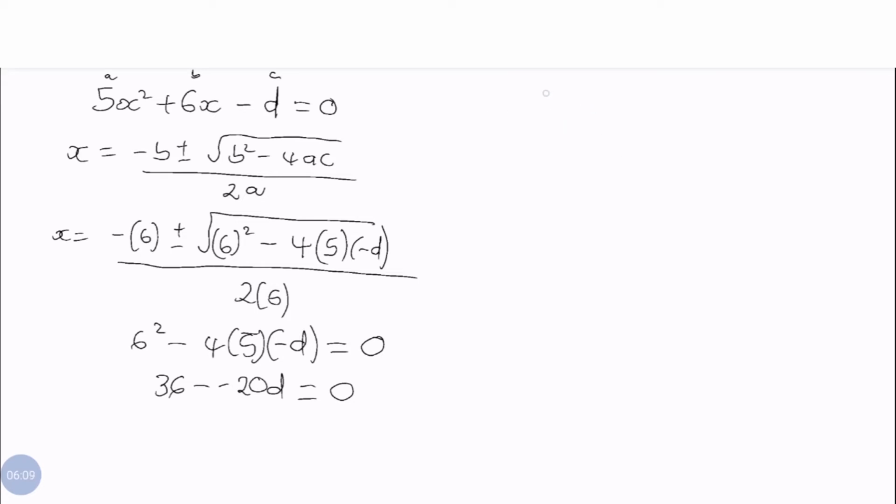So we have 36 plus 20d equal to 0. This is because two negative signs give us a plus. That is why we have 36 plus 20d equal to 0.